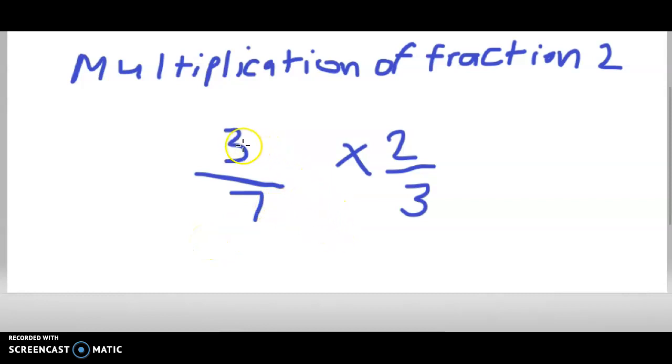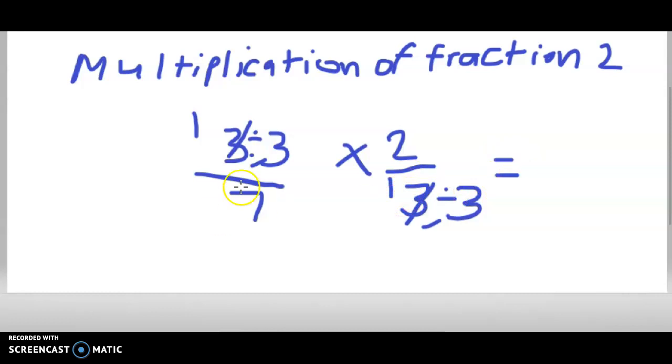We notice that the 3 in the numerator here and the 3 in the denominator here are the same, so they can be simplified by the same number. 3 divided by 3 is 1. 3 divided by 3 is 1. 2 and 7, numerator and denominator, cannot be simplified. 2 and 1 cannot be simplified.